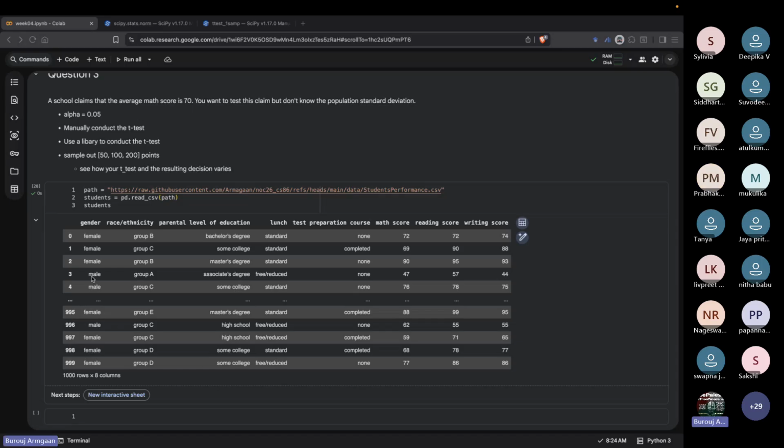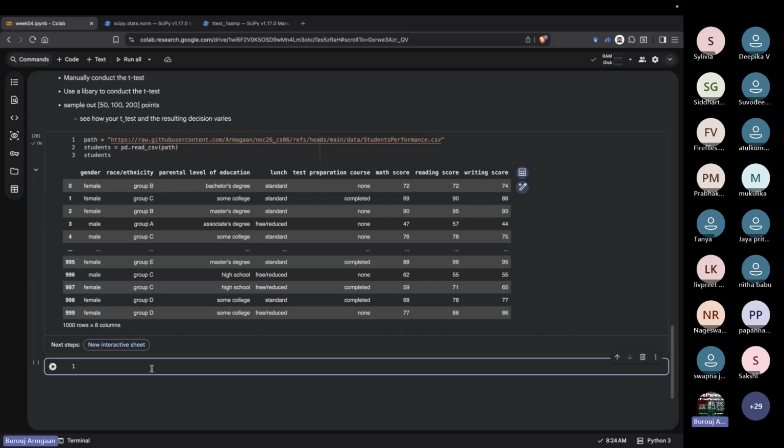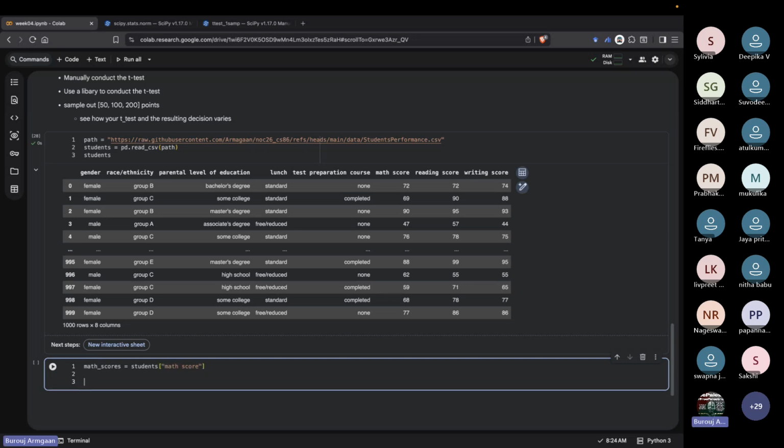All right, so let's proceed with the t-test experiment. What do we have? Let's first isolate the math scores. We have our math scores as students math score. We know that we are working with an alpha of 0.05.